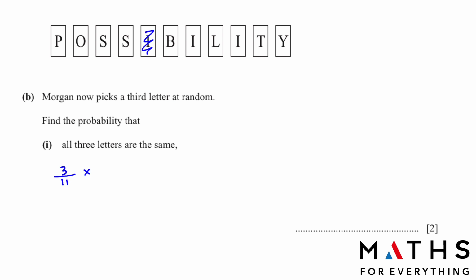If you cancel 1 out, how many I's are going to be there? 2. And now because we are solving without replacement, the total number becomes less. Now there are 10. And then there's 1 I remaining, and the total number is 9. It was a very, very easy 2-mark question. Just put in the calculator 1/165.